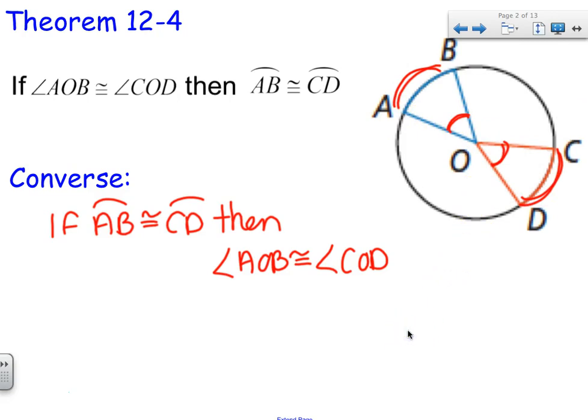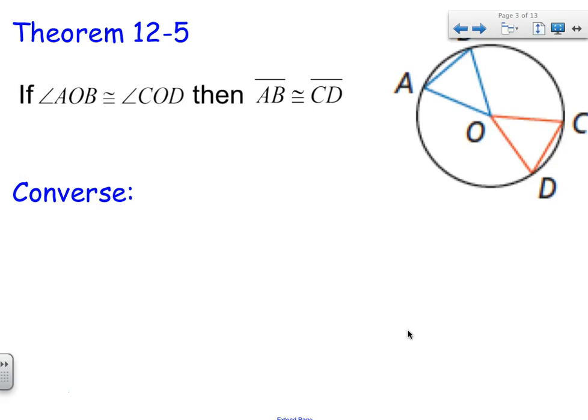So that's one theorem. Another theorem says if I know that these angles are congruent, then I can draw a line between their two endpoints and make a chord, and I know their chords are congruent. So again, if I know this angle is congruent to this angle, I know that AB is congruent to CD.